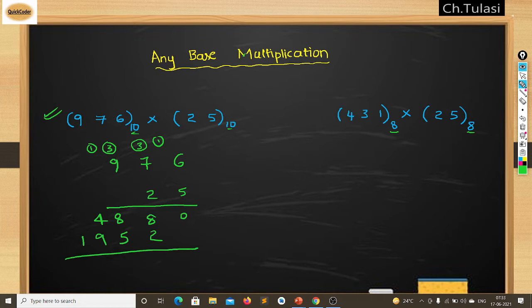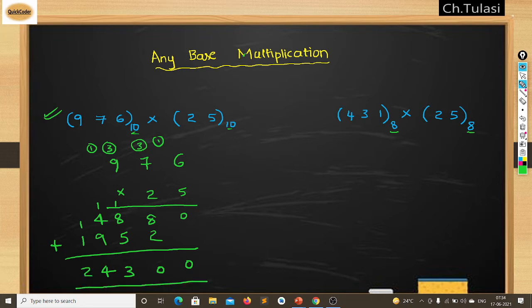Now what are we doing? A 0. Here we are doing plus. 8 plus 2 is 10. 8 plus 1 plus 5, 9 plus 4 is 13, 14, 2. So this is the answer.